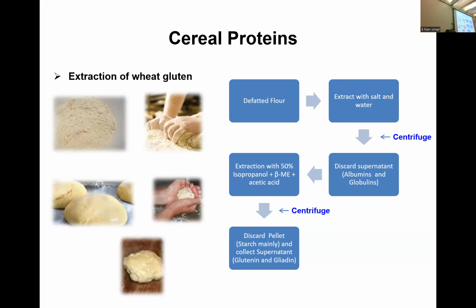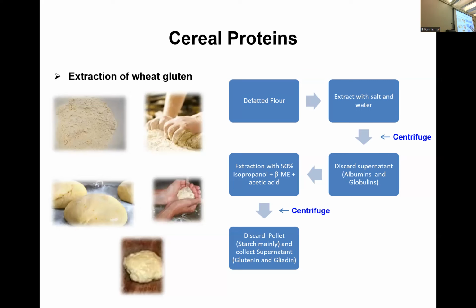Then you run that total gluten on a gel and see your different gluten proteins. But if we want to separate and study them individually, we solubilize with water first and take the albumins. Then we take the pellet, solubilize it with salty water, and collect the supernatant, which will be the globulins.